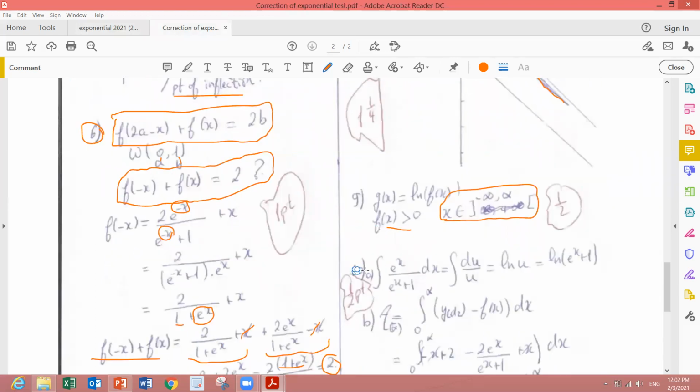Part 10, it is of the form du over u, it is ln u, it is equal ln(e to the x plus 1).